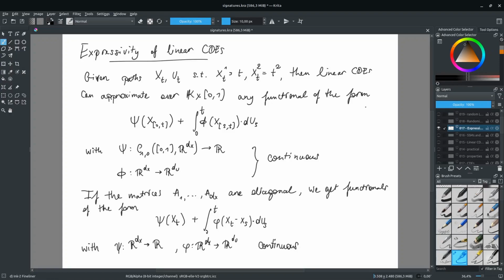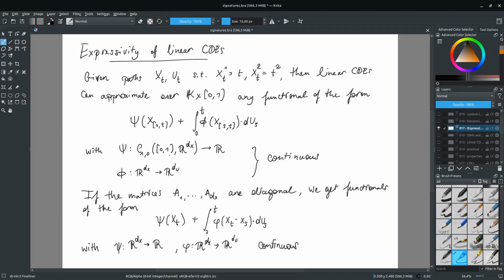Assume I have again paths x and u. Here it's more of a technical requirement: the first two channels of x are t and t squared. Then linear CDEs of the type we've seen previously can approximate any functional of this form, a continuous function of the path.